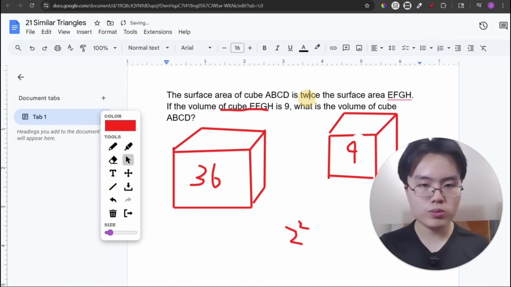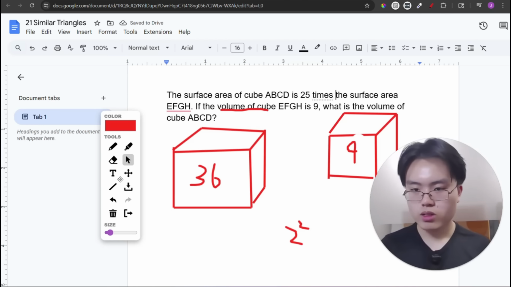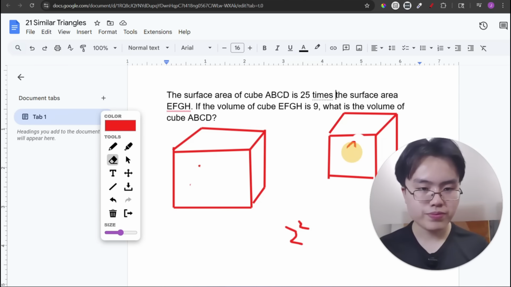Just change up the numbers a bit. I know it says cube, but it's not a cube, but you get the idea, okay? Try solving this now.